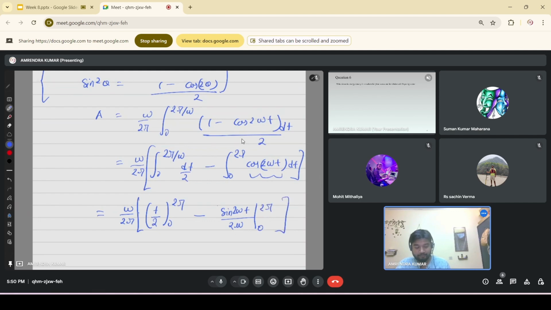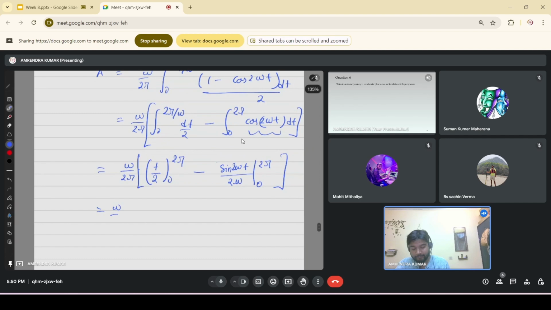The simplified form of this is t by 2, where t is 2 pi by omega. So put it there, 2 pi by omega upon 2. But sine of 2 omega times 2 pi by omega is like sine 4 pi, and omega cancels out, and minus sine 0 over 2 omega.